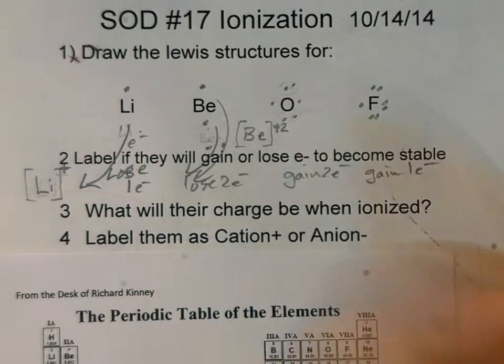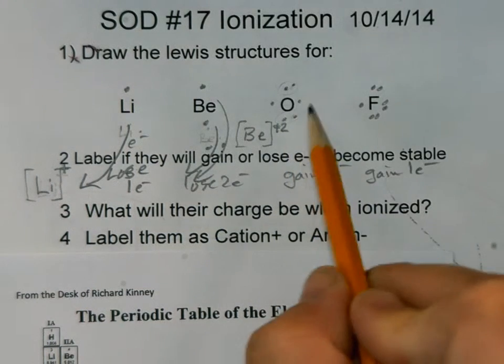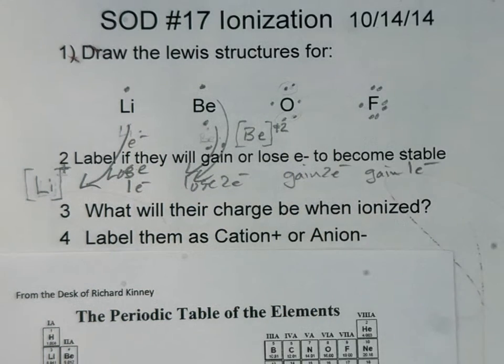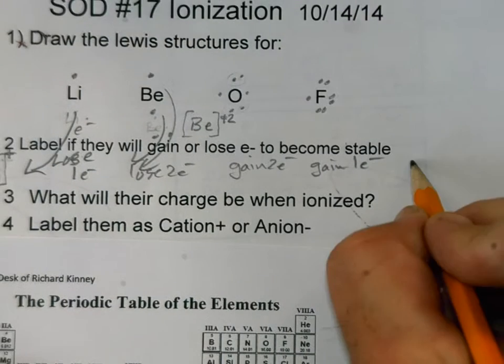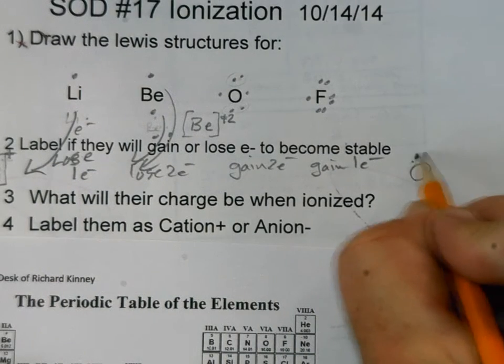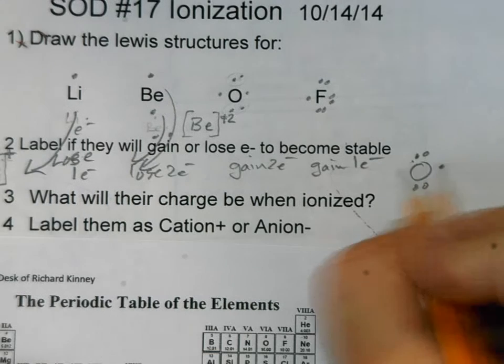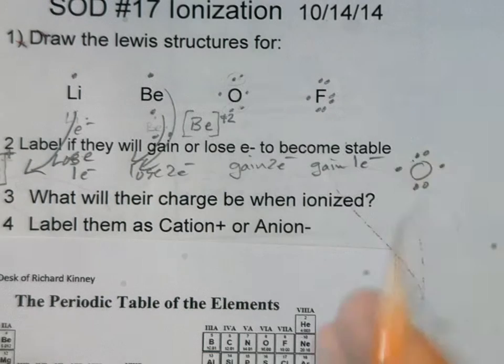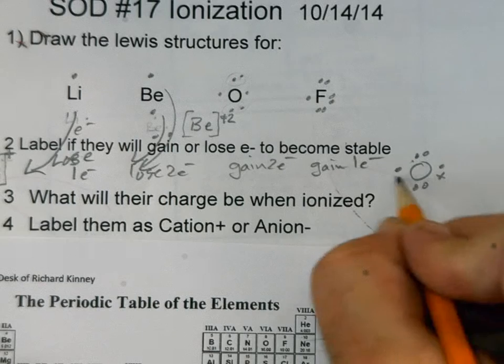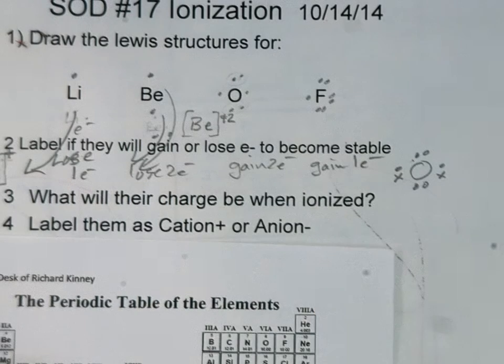Oxygen over here. So what's its charge going to be? First off, it needs to gain 2 electrons. So I'm going to redraw this off to the side because I'm going to put oxygen over here. Now what we'll do on the test is, it's going to gain 2 electrons. I'm going to draw those 2 electrons as X's just to designate that they came from somewhere else.